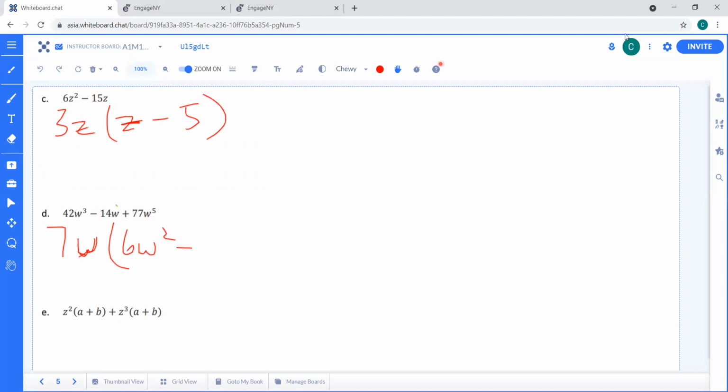Minus 14 divided by 7 is 2. W divided by w is 1, so we don't have to put it. Plus 77 divided by 7 is 11. W to the 5th divided by w is w to the 4th. So there would be your factor there.